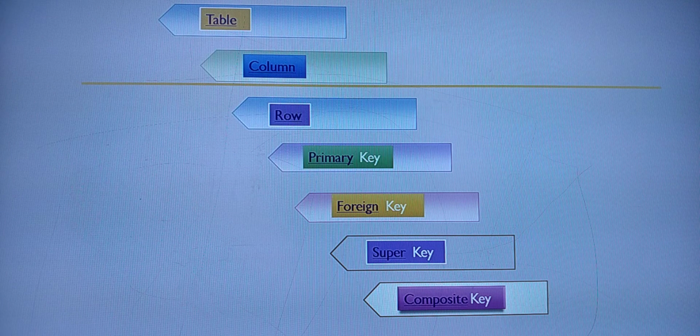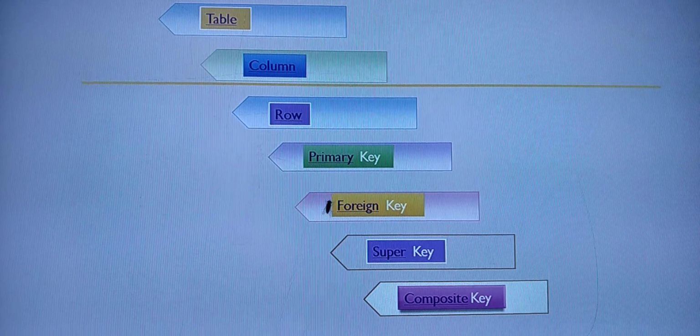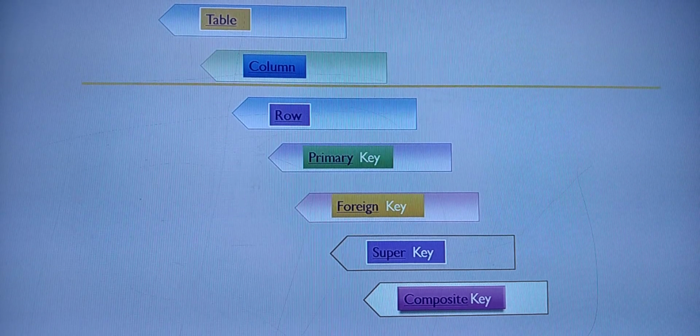Next we discussed the terms: table, column, row, primary key, foreign key, super key, and composite key. These are the terms that we have already discussed.